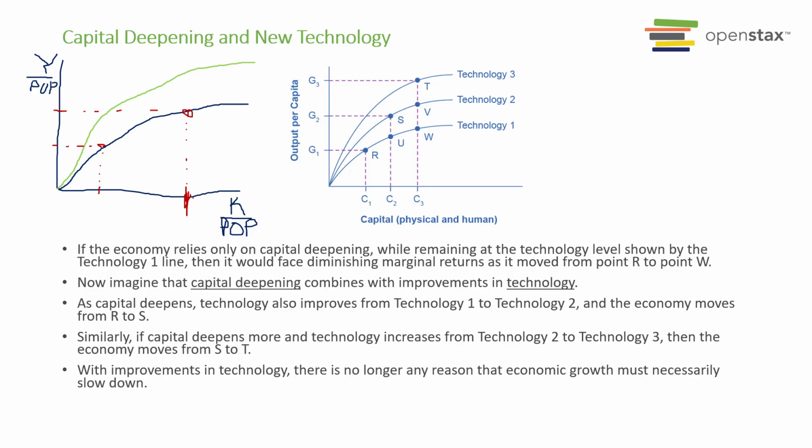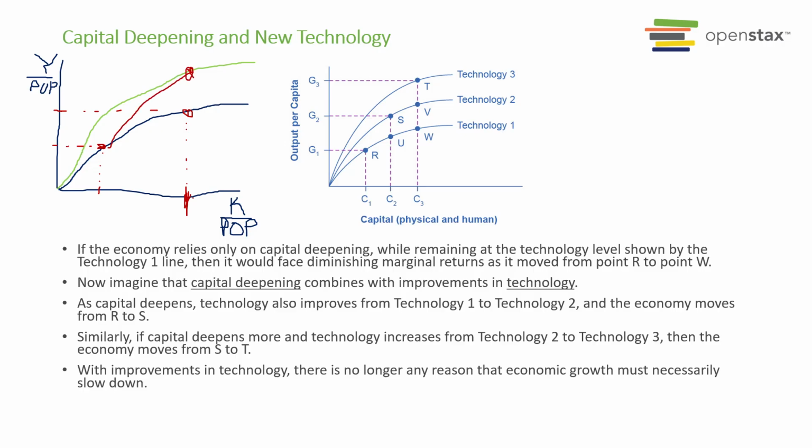So instead of just going from here to here, if we increase our technology while we're increasing our capital, we can actually move from here, we can jump up to there, right?